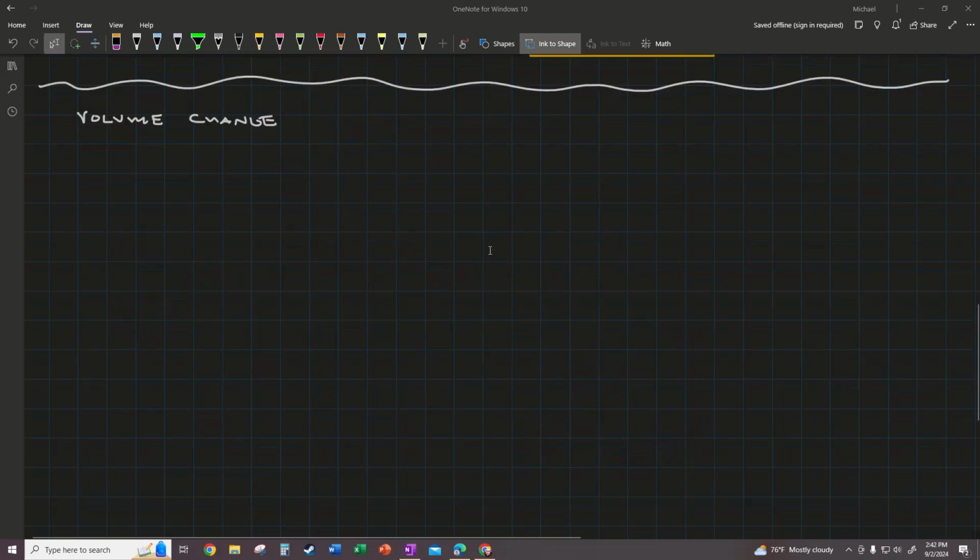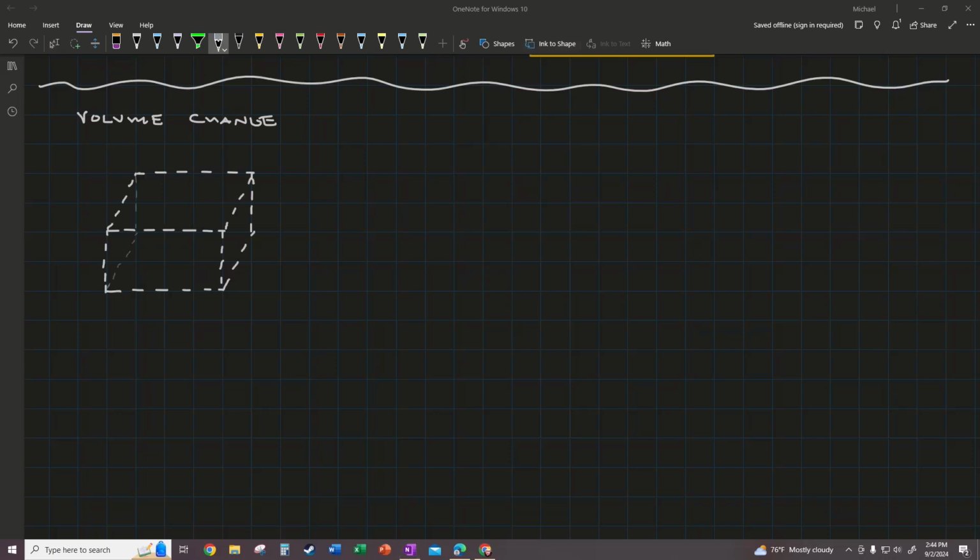Now, we can relate our Poisson ratio to stress and strain if we look at volume change. Suppose I have a chunk of material initially this size, and let's define this as the x-axis, this is the y-axis, and this as the z-axis, a three-dimensional block.